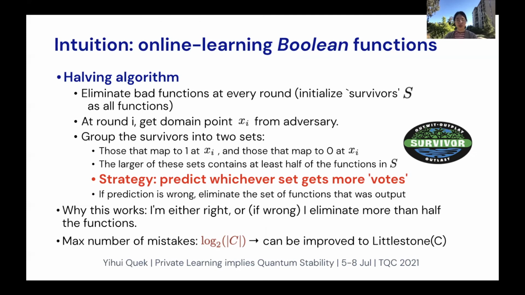And this can actually be improved. This is a pretty naive algorithm because in certain cases, the function class could have an infinite number of functions. It's possible to devise an online learning algorithm that doesn't make log 2 of infinity number of mistakes, but makes a certain parameter called the Littlestone dimension number of mistakes.